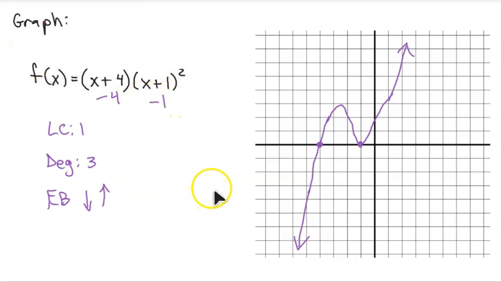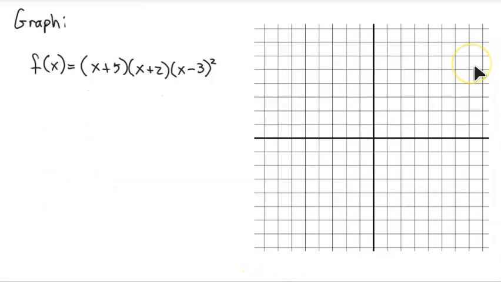Okay. Now let's do one more example. This one has three factors, x plus 5, x plus 2, and x minus 3. We can see that x plus 5 has a multiplicity of 1. X plus 2 also has a multiplicity of 1. And x minus 3 has a multiplicity of 2. So if we add 1 plus 1 plus 2, that equals 4.